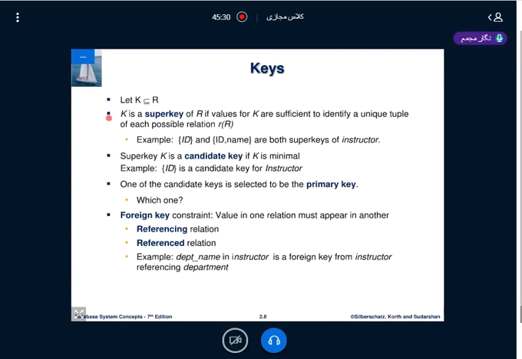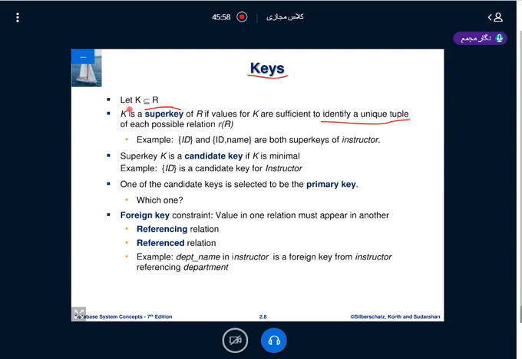In each relation we have some keys. One of the keys is the super key. A super key is one or more attributes that together identify a unique tuple.